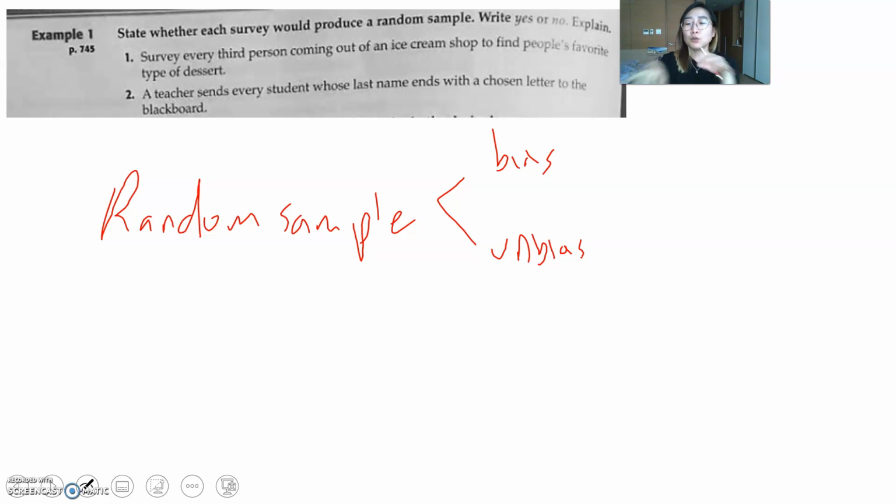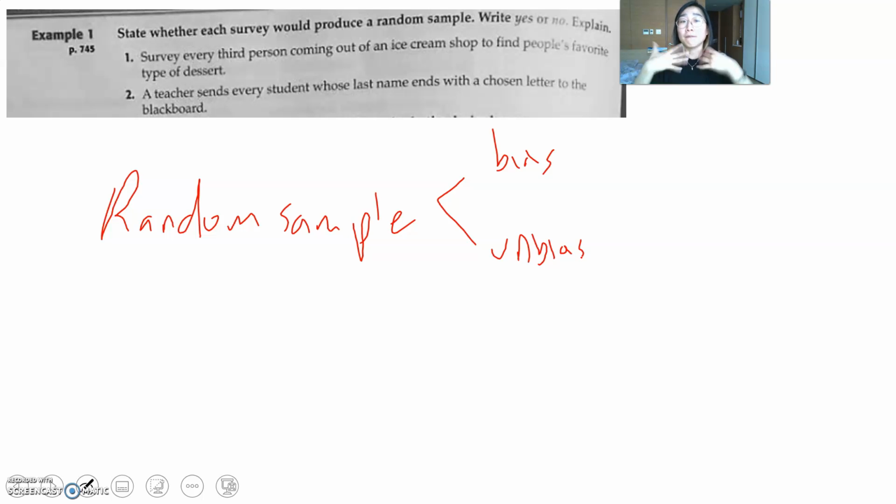Because bias means like this. Think about people who write reviews on a website. You went to a coffee shop and it was terrible. Then you're probably more likely to write a review about it, because most people don't want to take the time to write reviews. Either your experience was extremely pleasant, so you write something about it, or it was extremely terrible, so you write something about it.